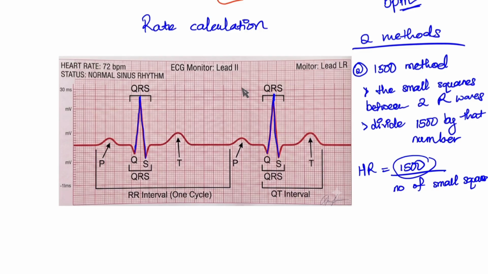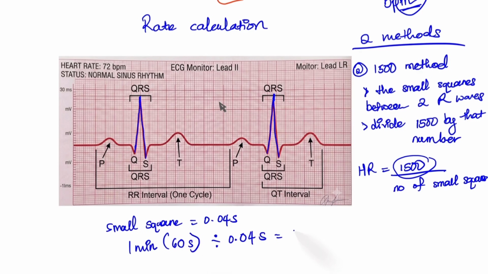Each small square, remember we said in the previous video, represents 0.04 seconds. So in 1 minute, which is 60 seconds, how many small squares do we have? 1,500 small squares.